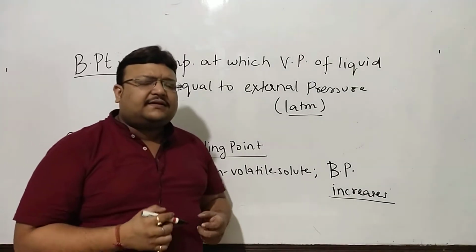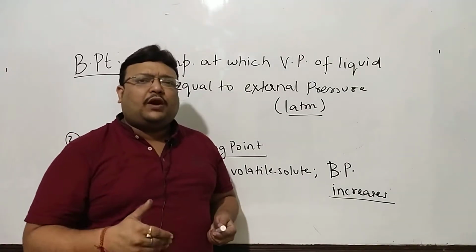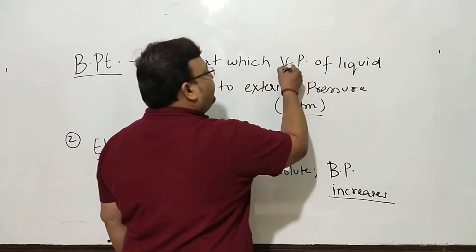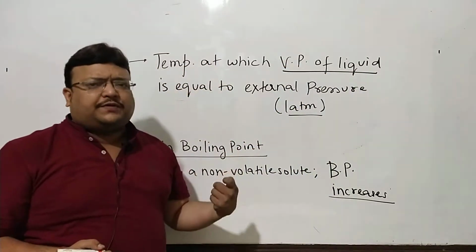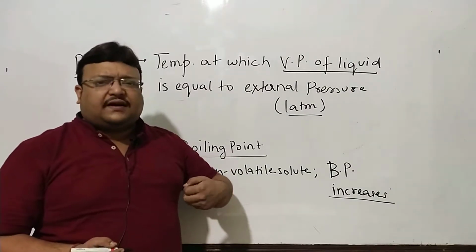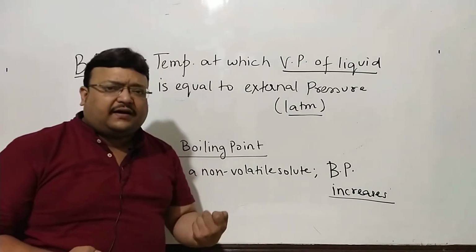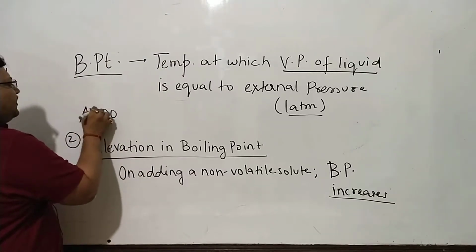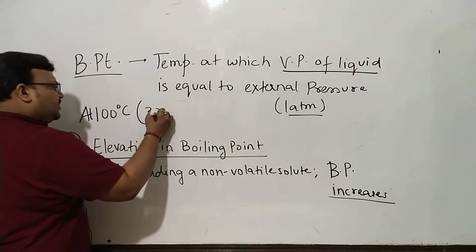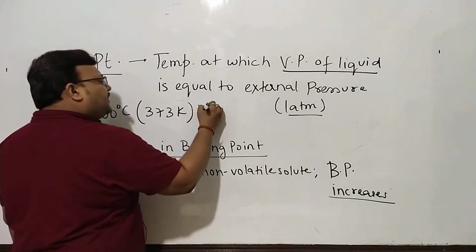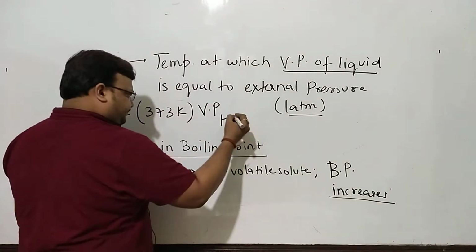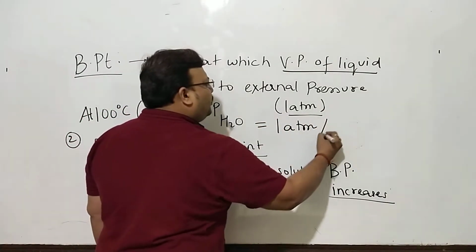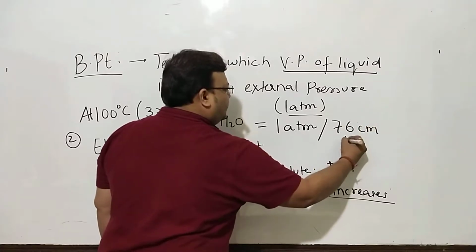Naturally this is equal to 1 atmosphere under normal conditions. So under normal conditions, at 1 atmosphere, boiling point of a liquid will be the temperature at which the vapor pressure of the liquid is equal to 1 atmosphere. So we know water boils at 100 degrees Celsius. So naturally, at 100 degrees Celsius or 373 Kelvin, the vapor pressure of pure water will be 1 atmosphere, or 76 centimeter mercury.